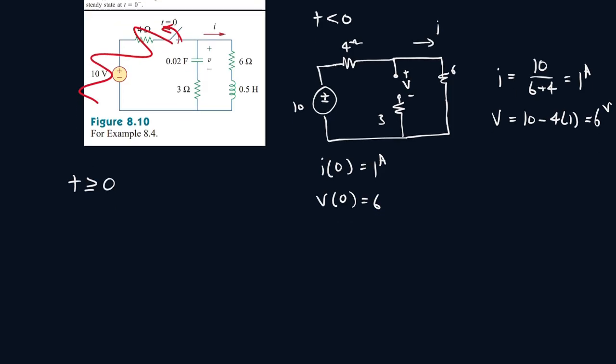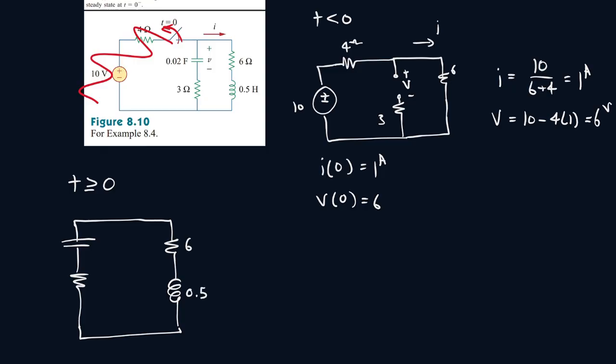So we have the following. This is 6 ohms, 0.5 henries, 0.02 farads, and 3 ohms. Then there's current here and voltage here.